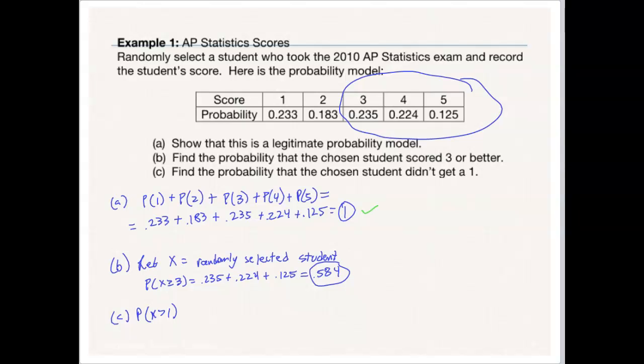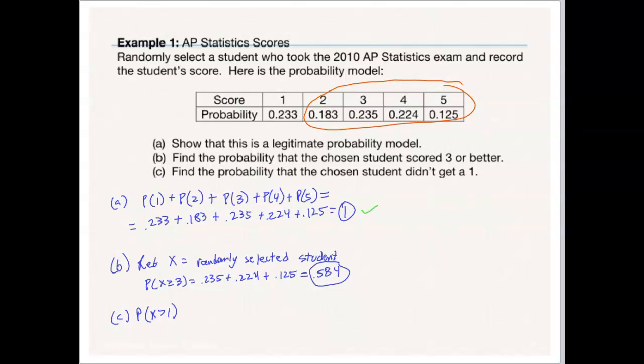There are 2 ways we could do that. In a probability model that has this few outcomes, they're both relatively straightforward. Greater than 1 is just these 4 probabilities added together.